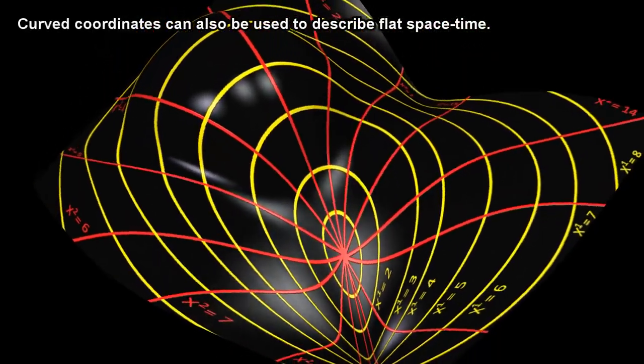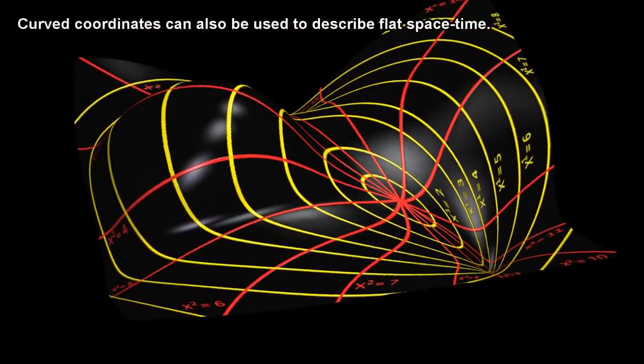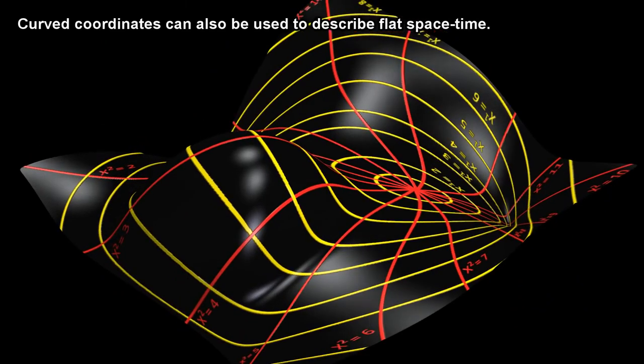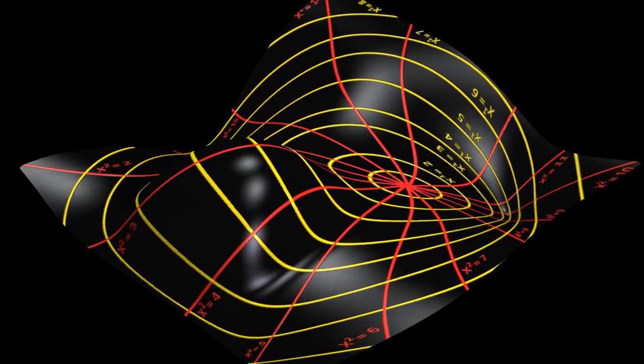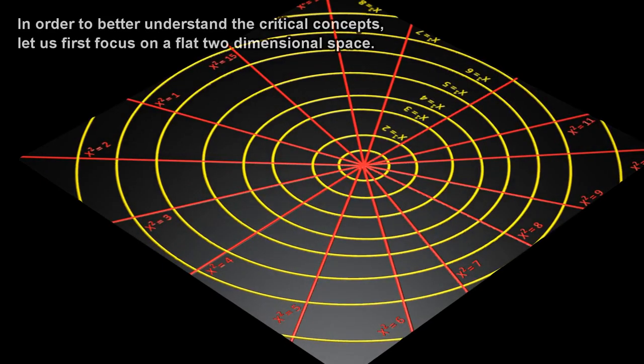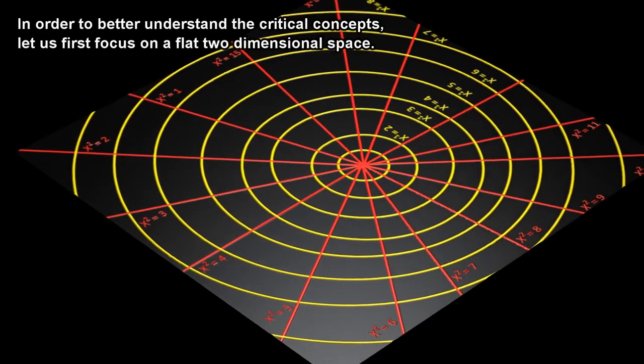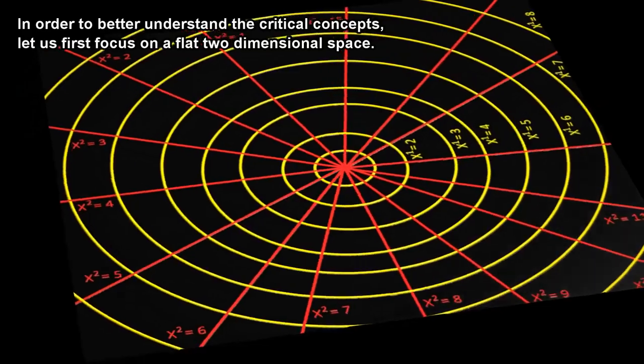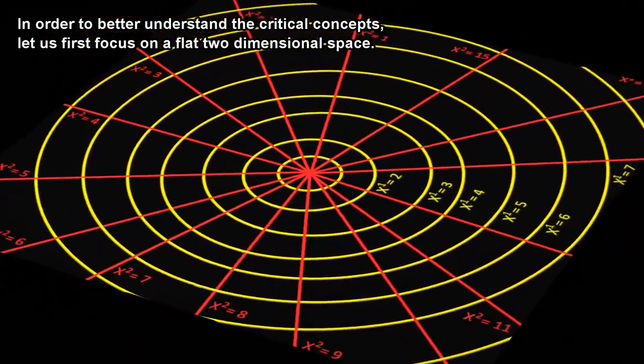Curved coordinates can also be used to describe flat space-time. In order to better understand the critical concepts, let us first focus on a flat two-dimensional space.